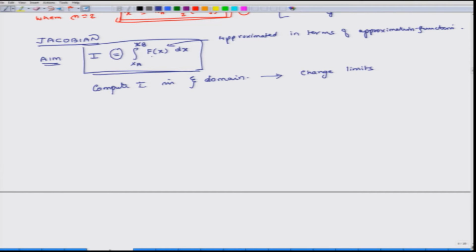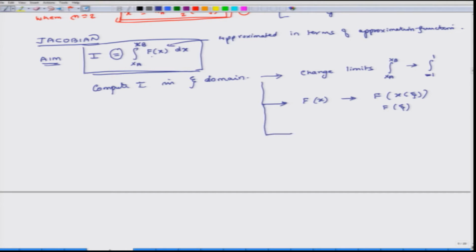Whenever we do a transformation, we do three things. We have to change limits. So, xa to xb becomes -1 to 1. The second thing we do is, initially we have f of x and we have to change it into f of zeta.